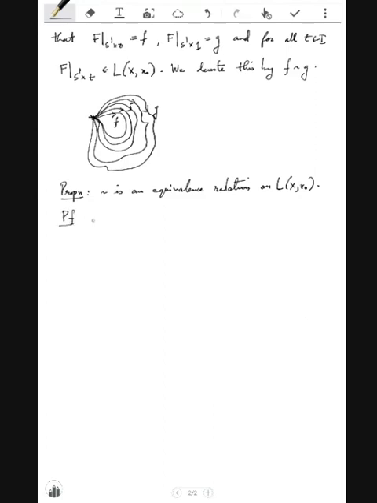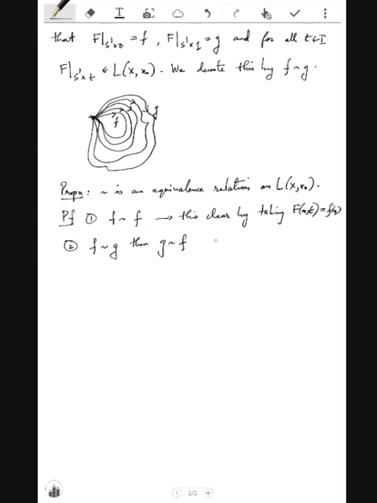So we need to prove three things. f is equivalent to f. This is clear by taking F of x comma t to be equal to f of x. 2. You want to show that if f is equivalent to g, then g is equivalent to f.